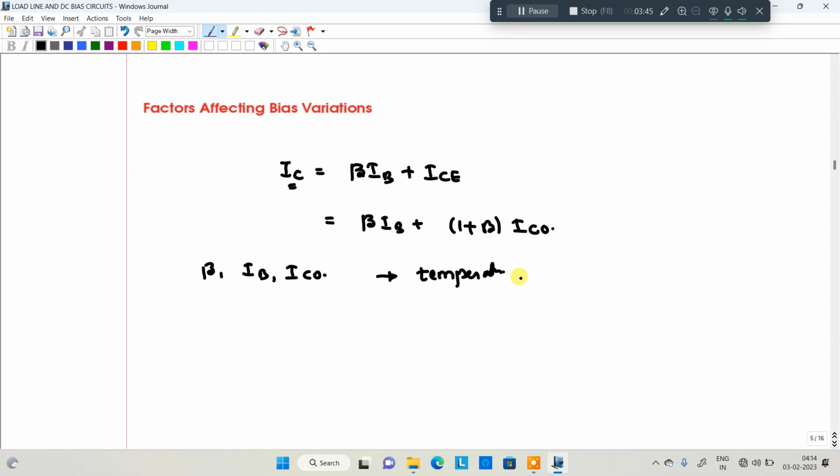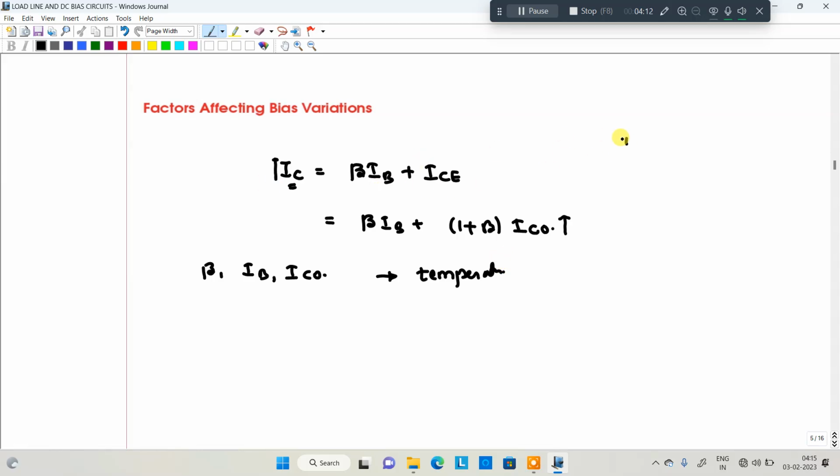But if we increase the temperature, we indirectly increase IC, the thermal runaway concept. According to thermal runaway, if you increase the temperature, the leakage current increases. Indirectly 1 plus beta as well as the IC current increase.